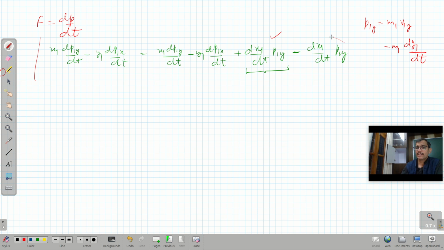And how can this part be written? If I put its value this way, that means dx1 over dt into m1 dy1 over dt.